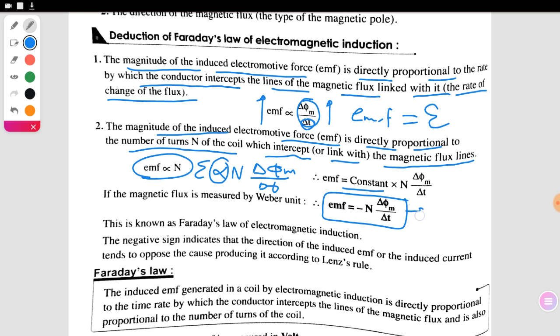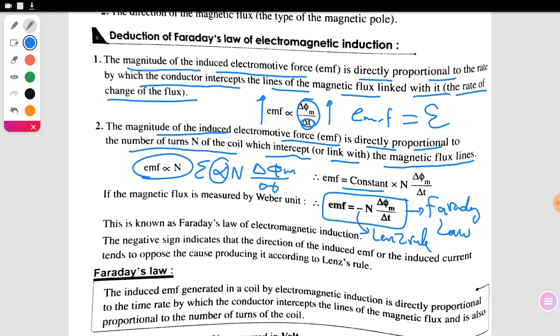This is Faraday's law. Faraday's law: the induced EMF equals the product of the number of turns of the coil and the rate of change of magnetic flux. What does the negative sign mean? The negative sign indicates Lenz's rule.